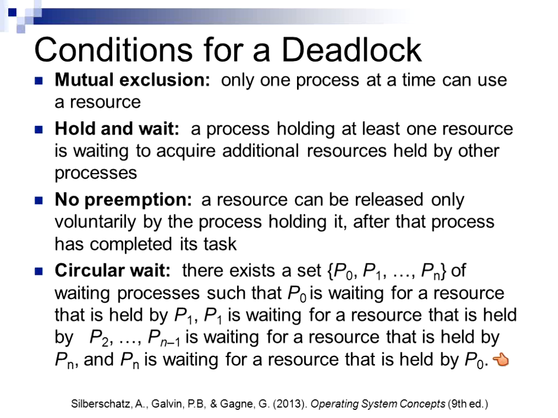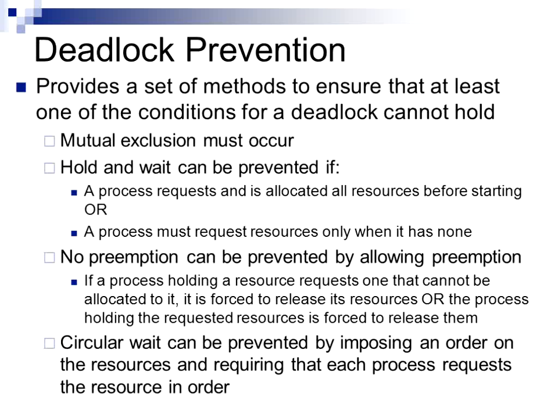If you get into this condition, you're going to have a deadlock. So the way we prevent or avoid deadlocks is to try to set the system up so that one of these conditions does not hold. Because if all of them hold, you have a deadlock. So we try to make the system so that at least one of the conditions does not hold.